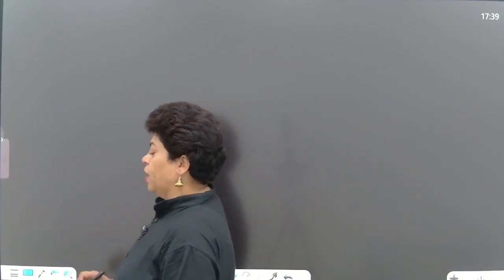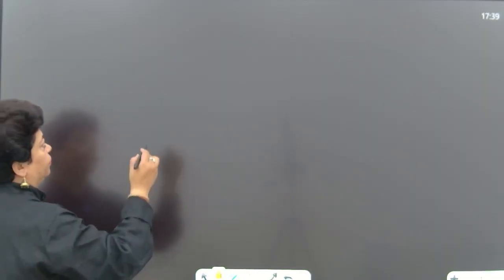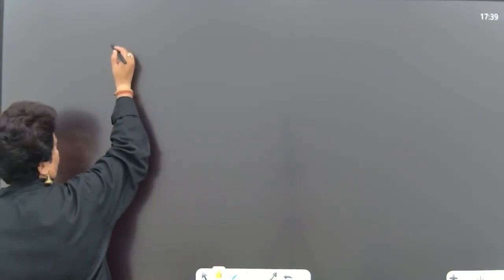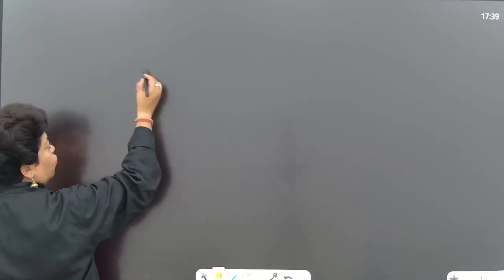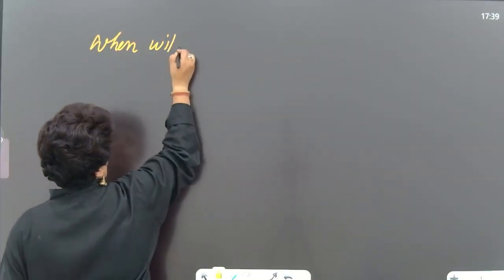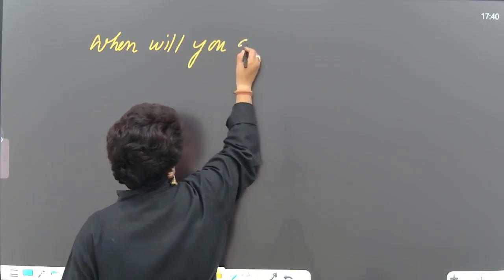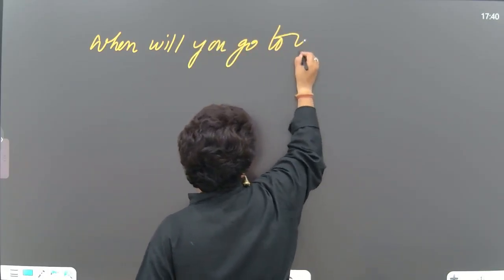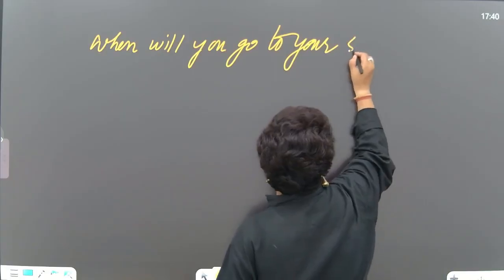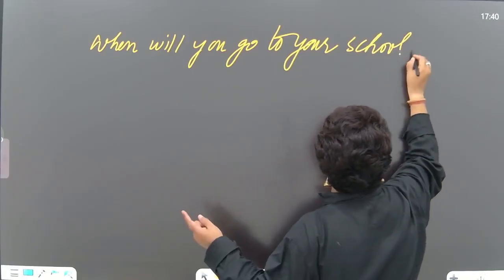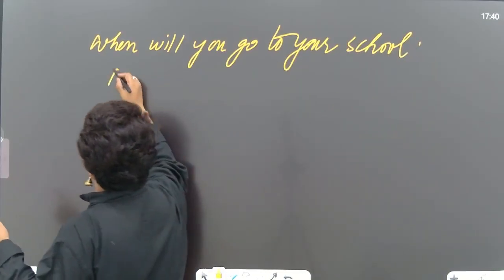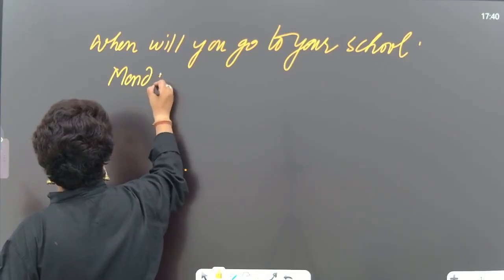Okay. Now, my second context is, when will you go to school? When will you go to your school? If he says, I will go on Monday, then it is fine.